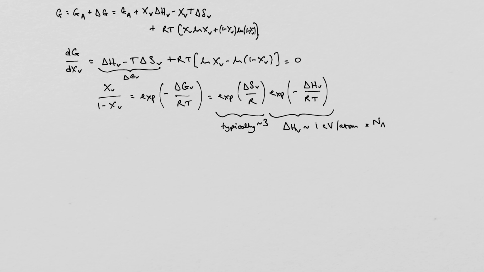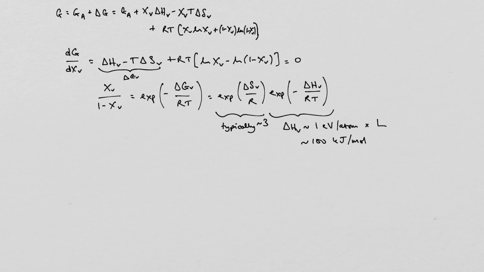Actually, sorry, we called Avogadro's number L, didn't we? Times Avogadro's number, because strictly speaking that's molar quantities in there. So that works out at about 100 kilojoules per mole.